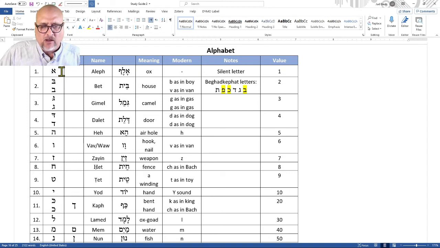And once you can say it, realize that these letter names are actually words in the language.